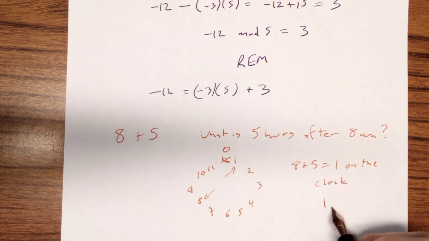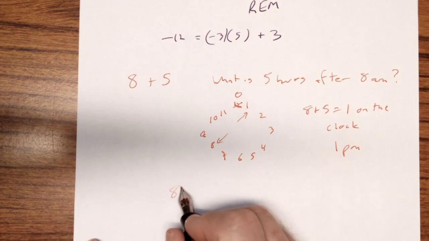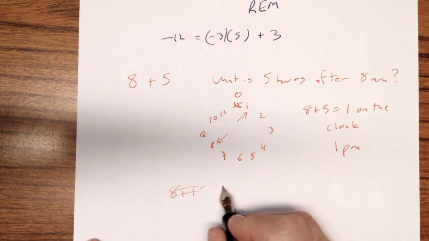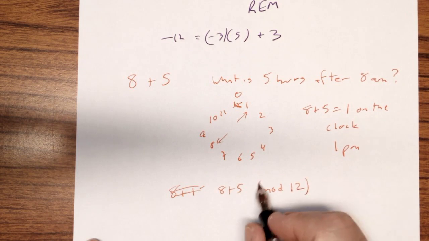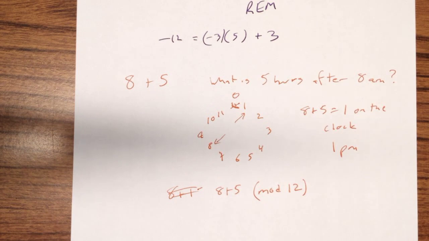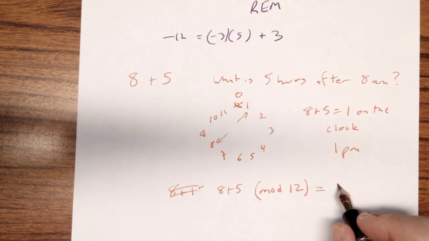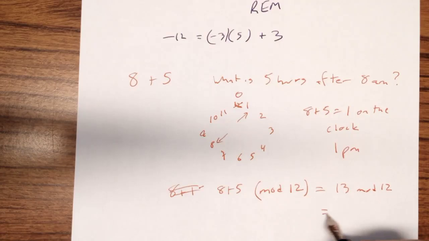Well, that's true because it's 1 p.m., but it's still 1. I'm going to work with remainders because really what I've done is I've said 8 plus 5, but I want to look at that mod 12 because we only go up to 12. Oh, well, that's 13. And if I say take the mod 12, I get 1.